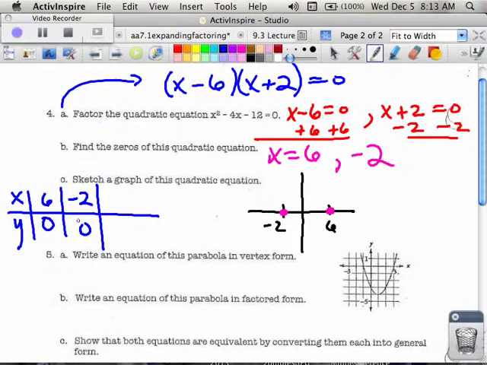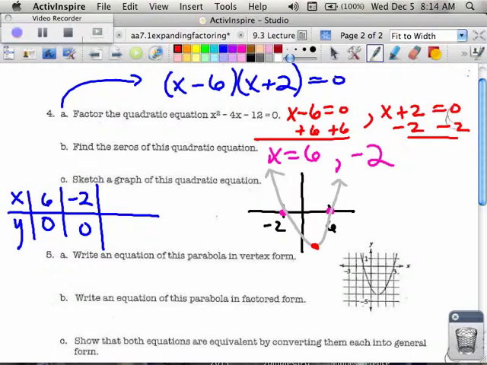I know that this parabola, if I draw it, will be crossing the x-axis at that location. And I know it's opening up because there's no negative sign in front of the parentheses. However, what I'm trying to figure out is where is this bottom point, or in other words, the vertex of this parabola.